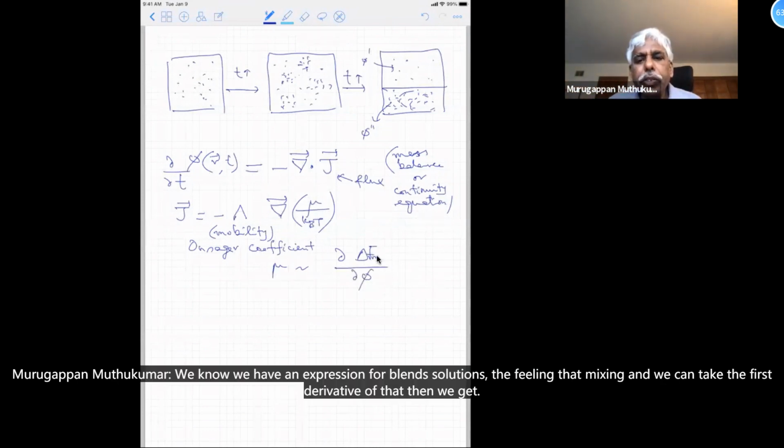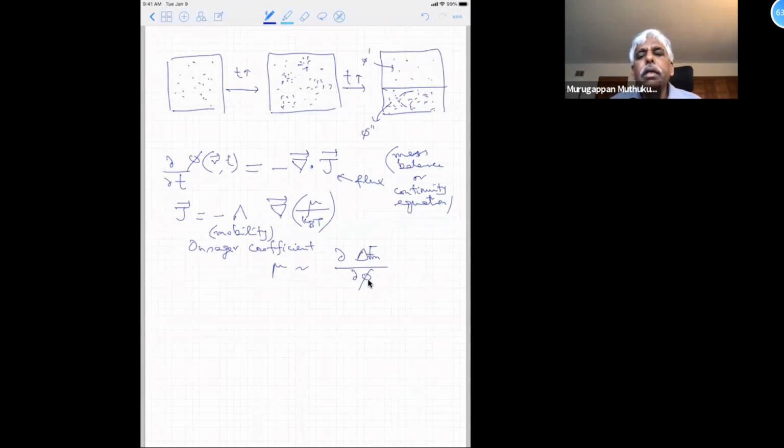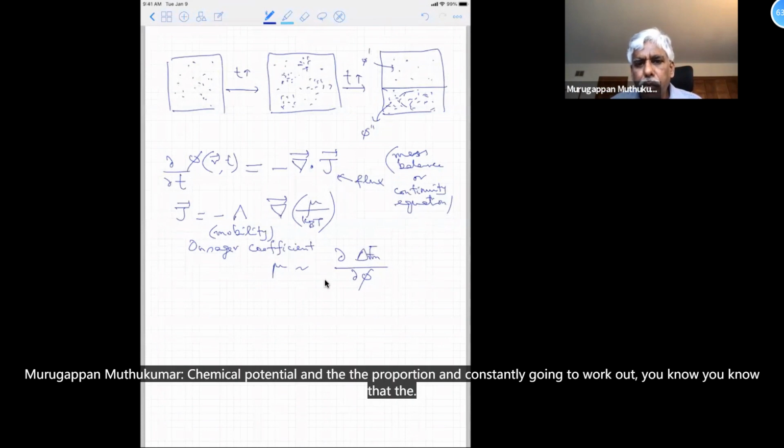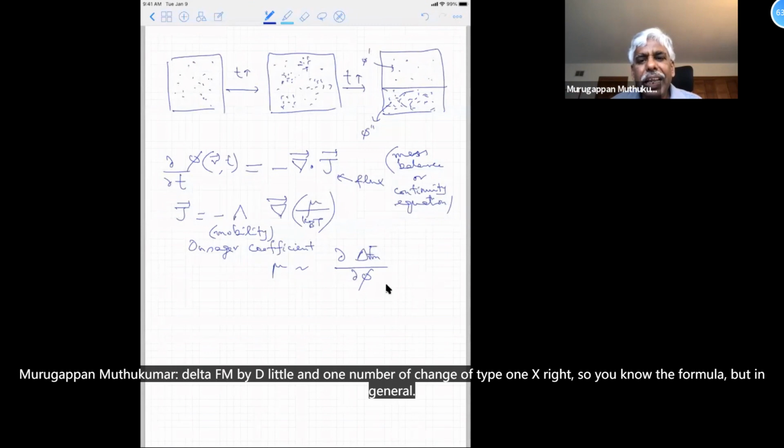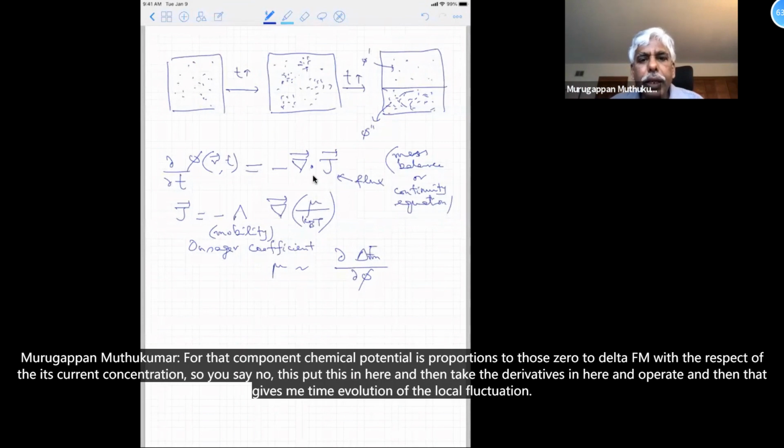We know we have an expression for blends, solutions, there's free energy of mixing, and we can take the first derivative of that, then we'll get chemical potential. And there's a proportionality constant you can work out. You know that d delta Fm by d little n1, number of chains of type 1, etc. You know the formula. But in general, for that component, chemical potential is proportional to the first derivative of delta Fm with respect to its concentration. So if I know this, put this in here, and then take the derivatives and operate, that gives me the time evolution of the local fluctuation.